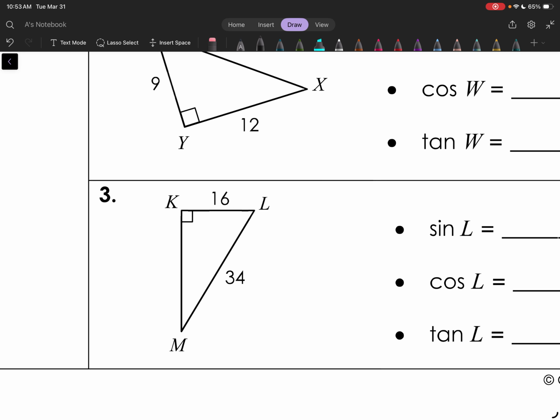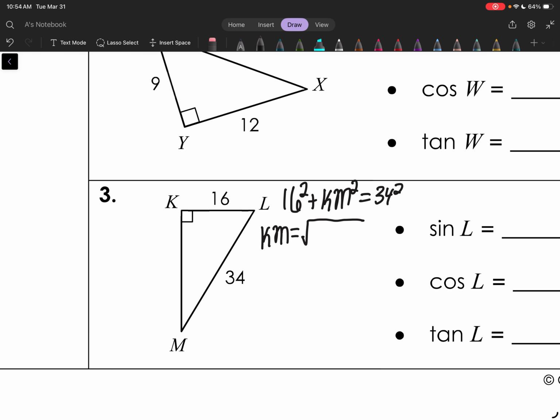Pythagorean theorem. To find the missing side, KM: 16 squared plus KM squared equals 34 squared. KM is going to be equal to the square root of 34 squared minus 16 squared.